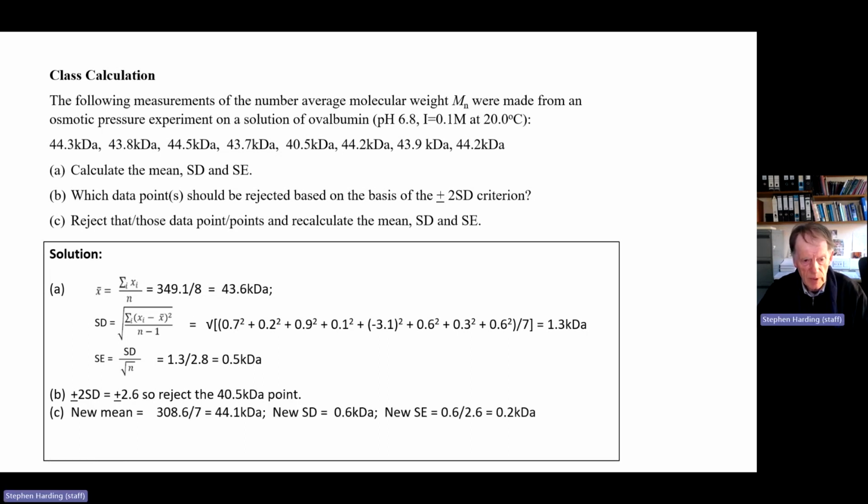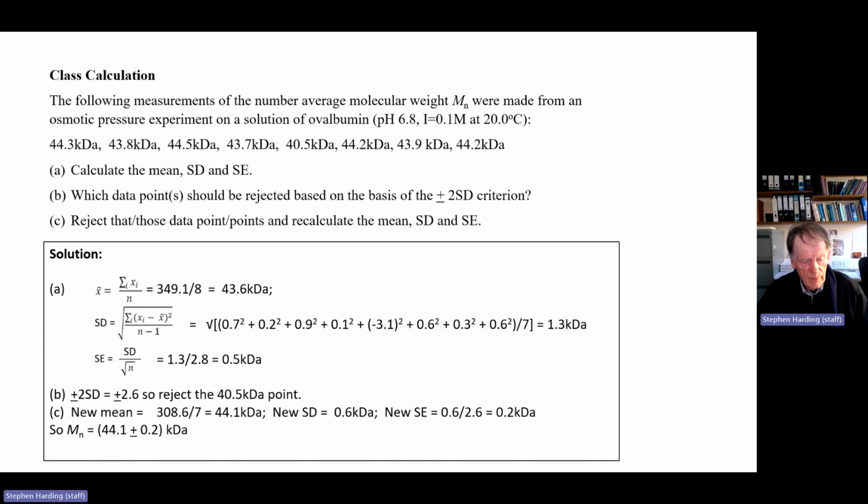And if we do that, we can calculate a new mean, this time with only 7 values, of 44.1 kilodaltons, a little bit higher. The new standard deviation is 0.6 kilodaltons, a bit lower. And the new standard error is 0.2 kilodaltons again, which is lower.